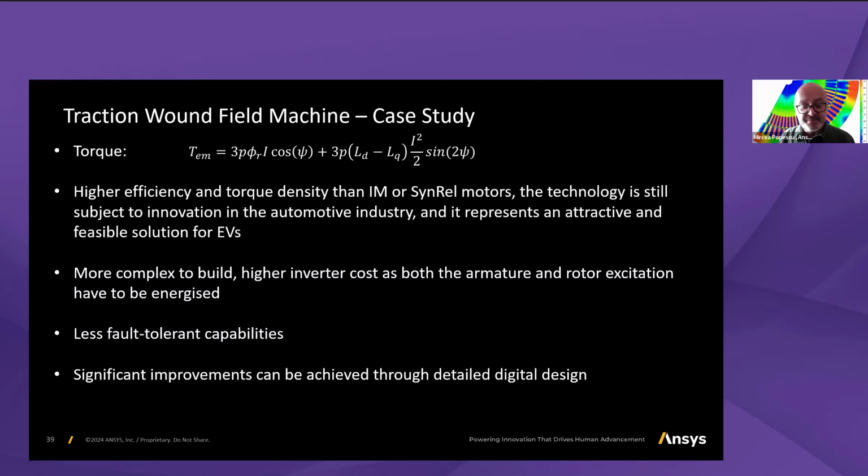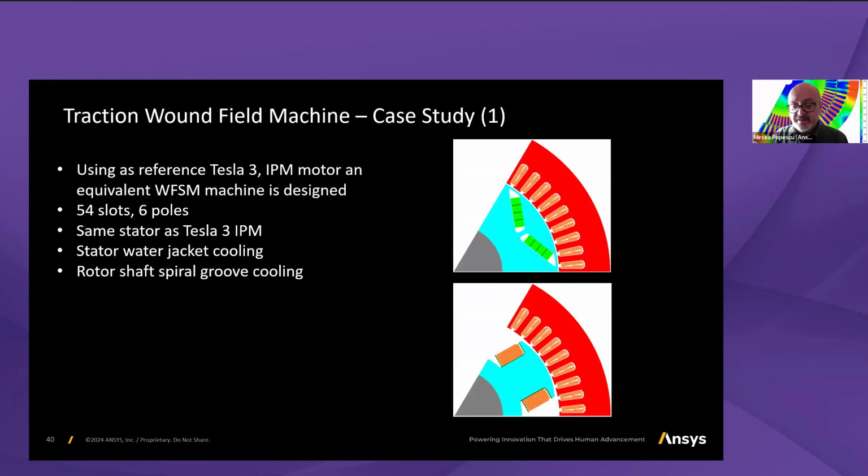We can improve this type of machine, obviously, using a digital design approach. And here, as an example, we are showing you an exercise that we did, trying to take two existing PM solutions, IPM solutions on the market. One was the IPM used in the Tesla 3, which is a 54-slot 6-pole configuration. And the idea was to retain the same cooling system for the stator, the same stator lamination.